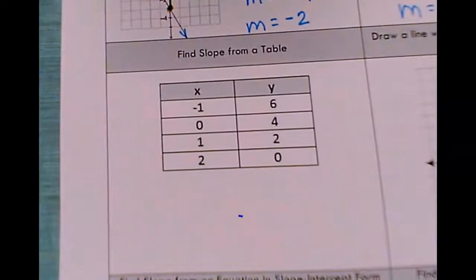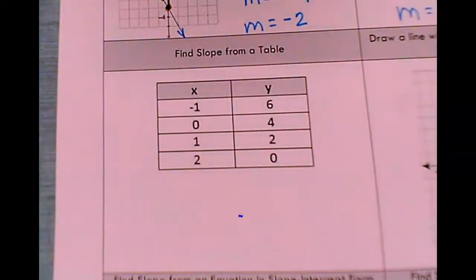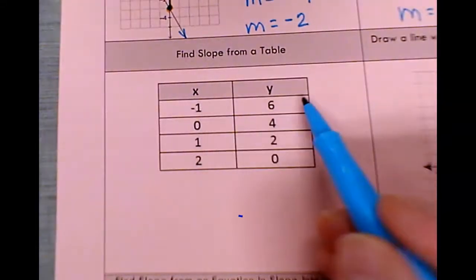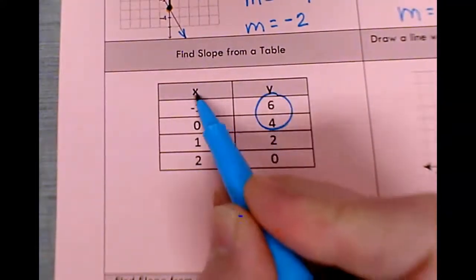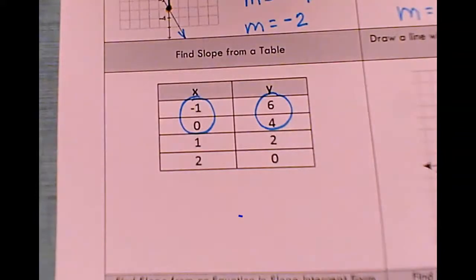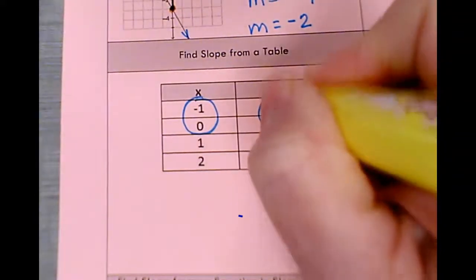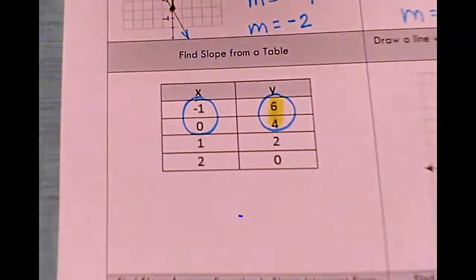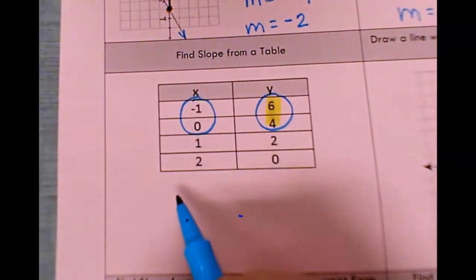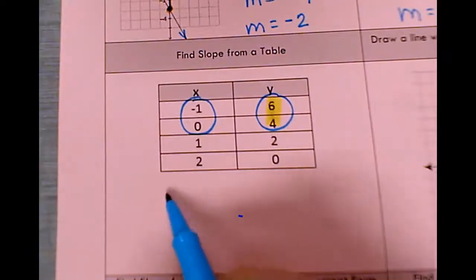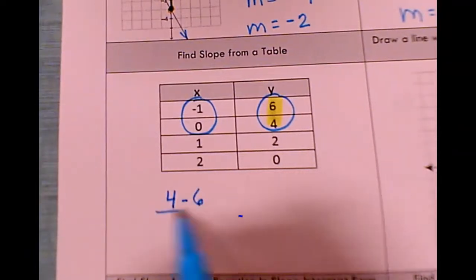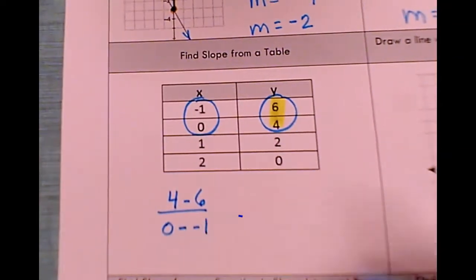If I have a table, I find the slope the exact same way. I pick 2 y values and 2 x values that go with them, and I use my slope formula. So this would be y2 minus y1 over x2 minus x1.